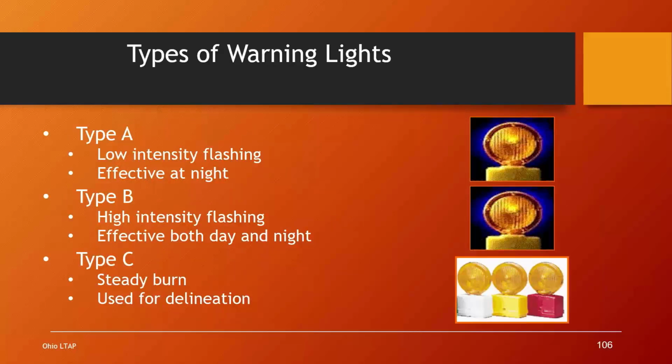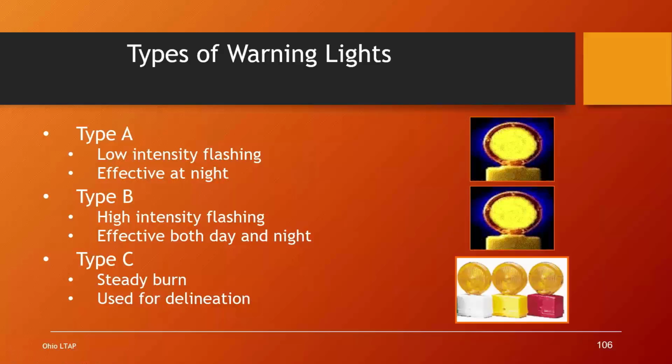We actually have 3 different types of warning lights. Type A for nighttime use, and they're low intensity flashing at night. High intensity at night can blind the motorists. They're very, very bright. And type B is for daytime, high intensity flashing.